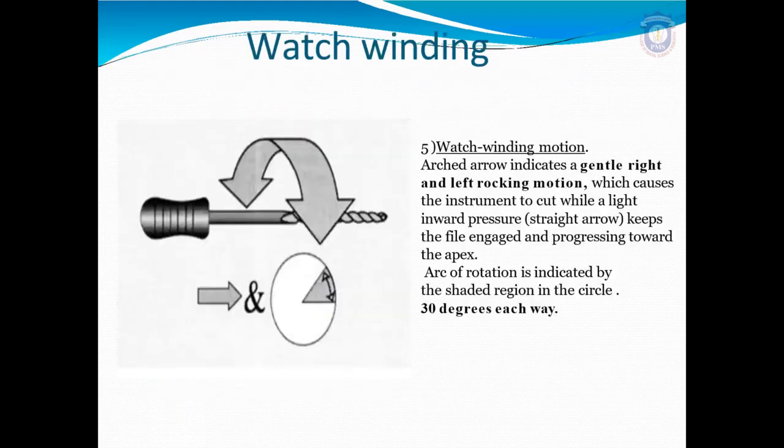Watch winding motion: the arched arrow in the diagram indicates a general right and left rocking motion which causes the instrument to cut while a light inward pressure keeps the file engaged and progressing towards the apex. The arc of rotation is indicated by the shaded region in the circle, which is 30 degrees.